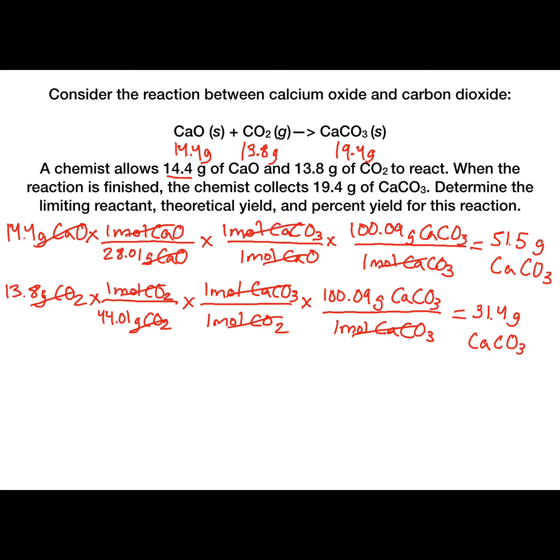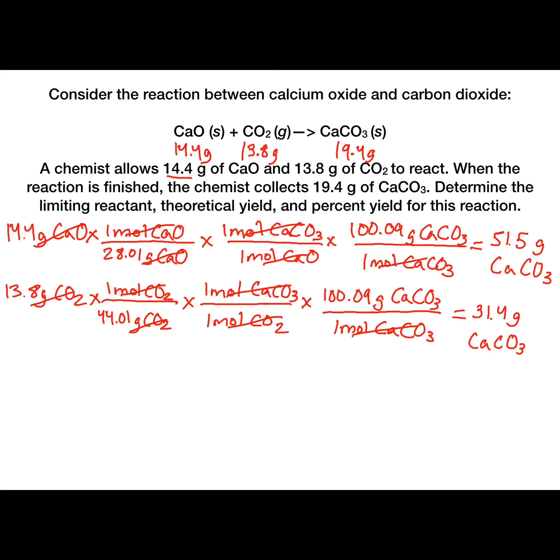Now the question is asking what the limiting reactant is, the theoretical yield, and the percent yield for this reaction. Well, in this case, the carbon dioxide is the limiting reactant since it produced the smallest amount of product, which was the calcium carbonate.